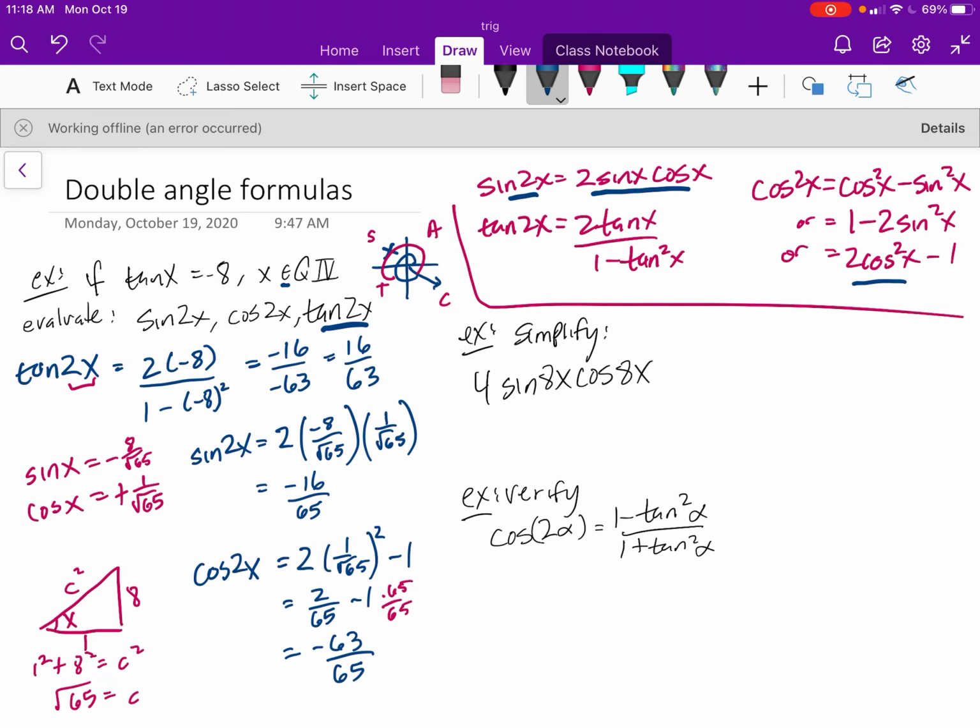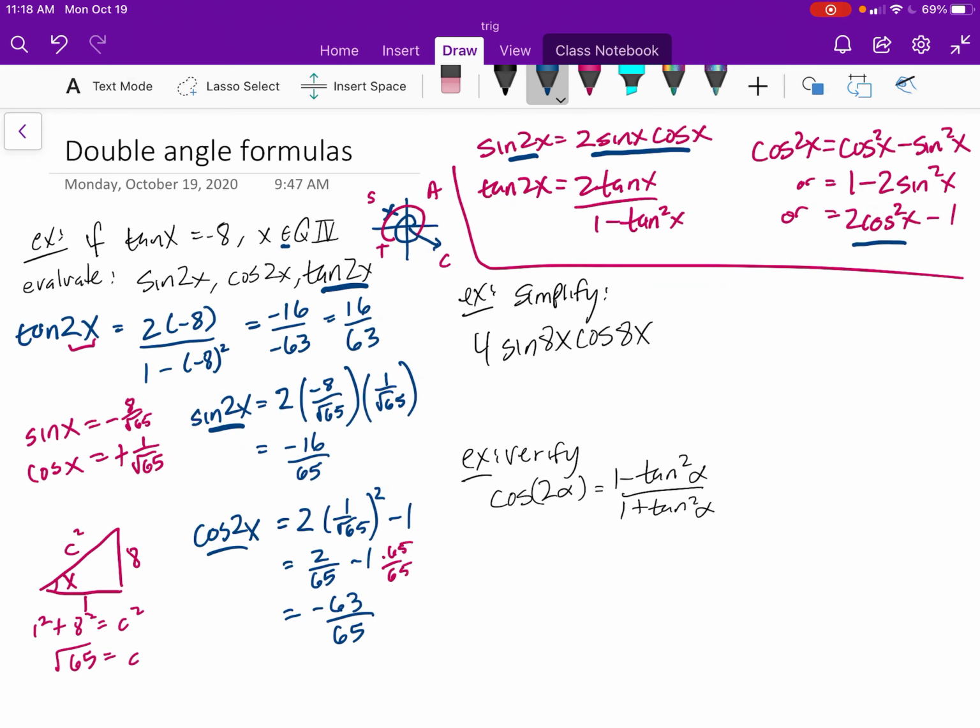And as we kind of guessed, we were in quadrant 3, sine we got negative, cosine we got negative for the double angles. So that also checked out. Awesome. All right, we had one angle and we now found all 3 double angles, all 3 trig functions of double that angle, even though we never found the angle. So that's pretty cool.